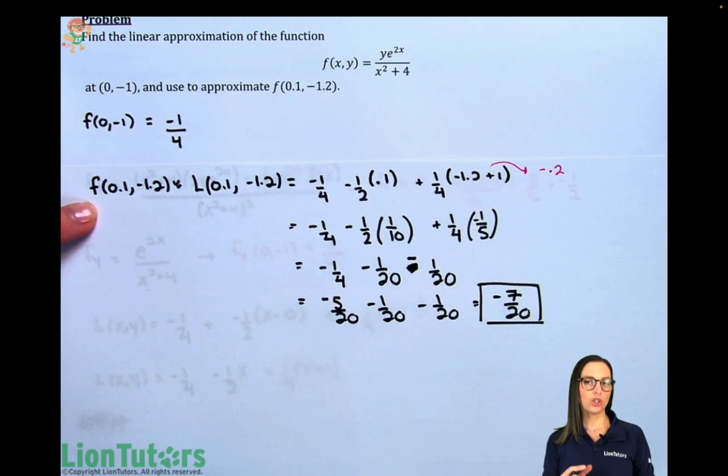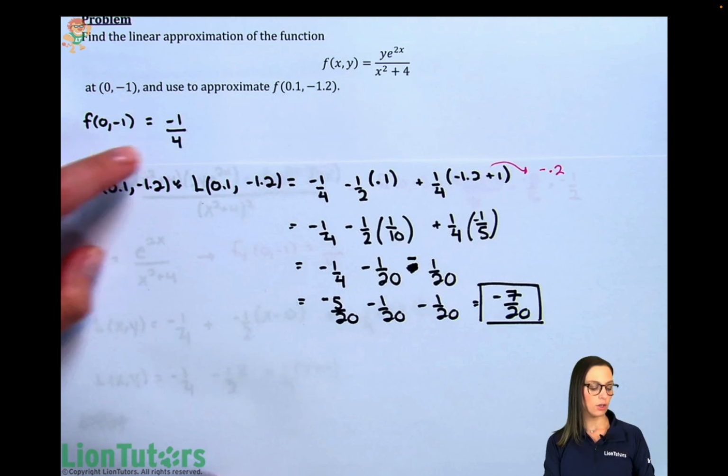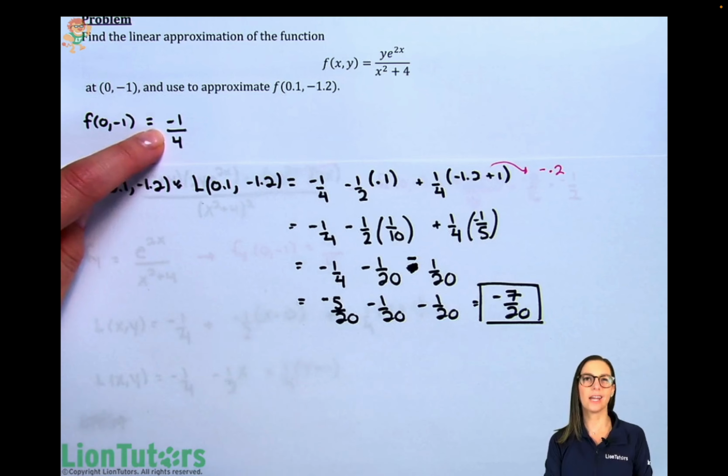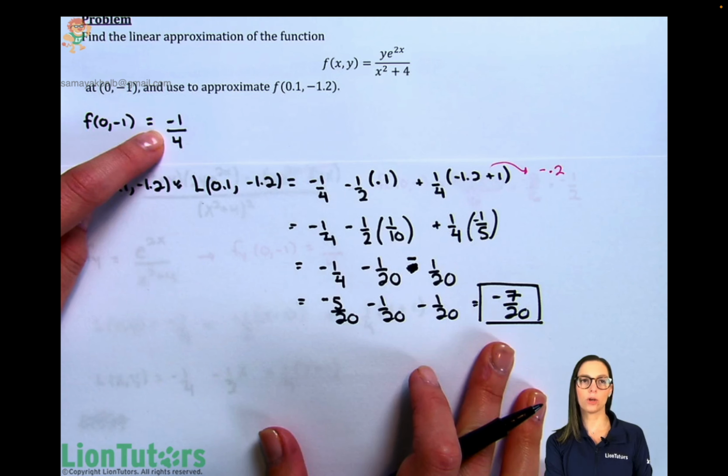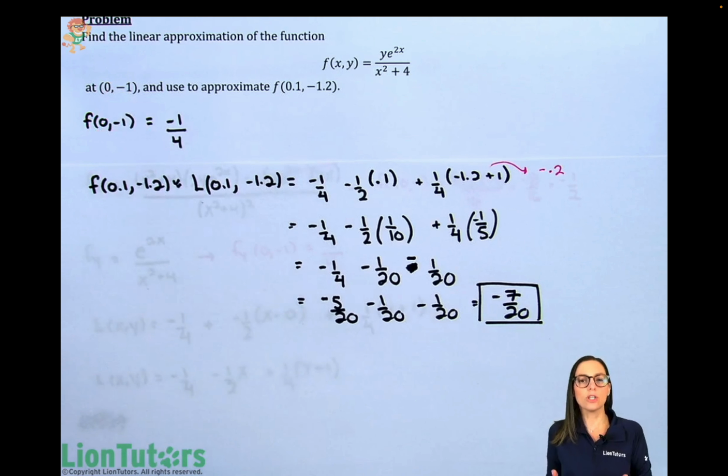So those values should be relatively close together. So I had negative 1/4 here, which is like negative 0.25. 7 over 20 would be 3.5 over 10, so that would be about 0.35. So comparing negative 0.25 to negative 0.35, those are pretty close together. Chances are we did this correctly, assuming my arithmetic skills were right.